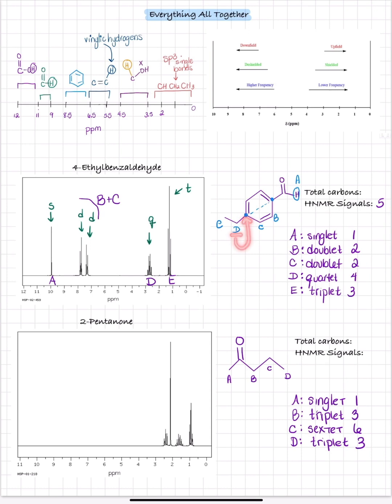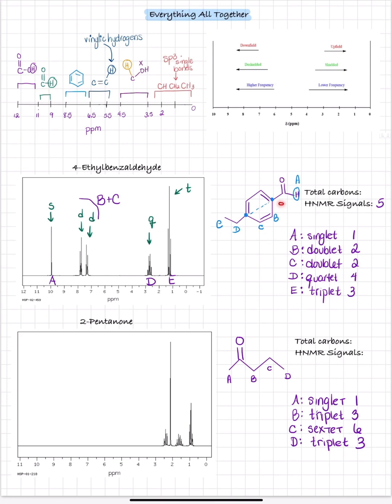So even though we may expect it right around 1, why is it almost close to 3? It's because the double bond on the benzene ring has an effect that forces it downfield, and that's why it's located in the position that it's in. That's all you really need to know about downfield and upfield. You're always determining that based on the structure you have.